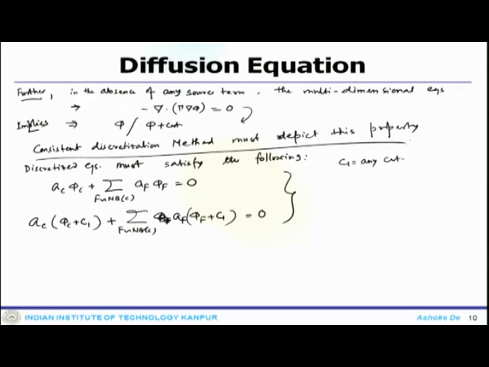This will lead to essentially AC plus summation over f in NBC of AF equals 0. So, this has to be satisfied by the consistent discretized equation.